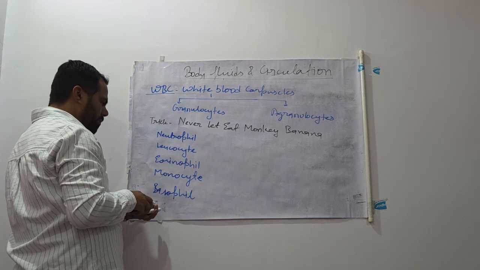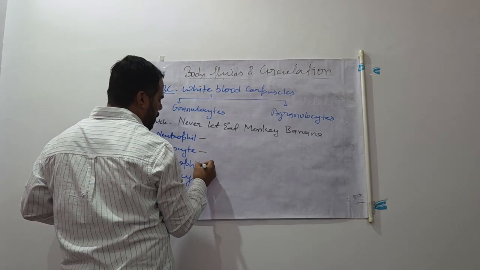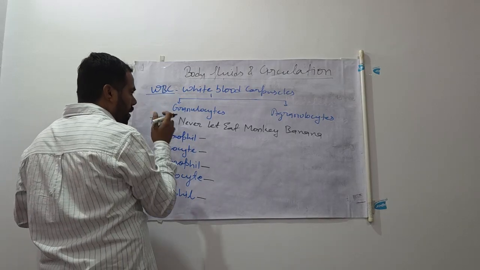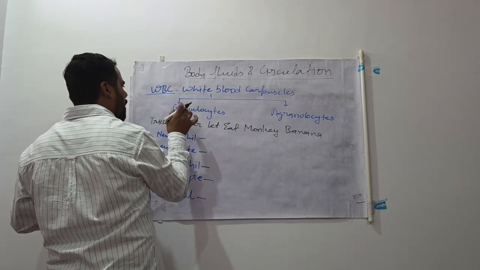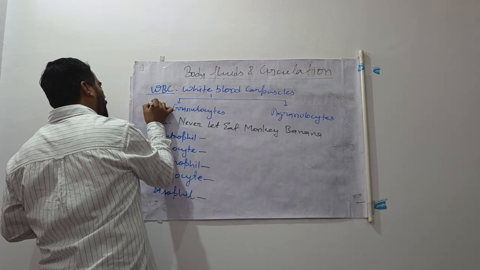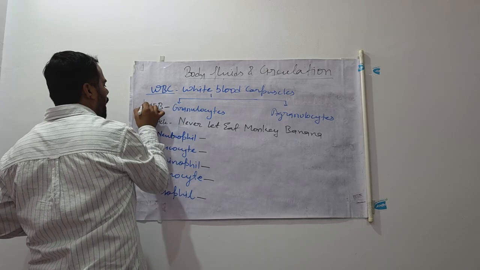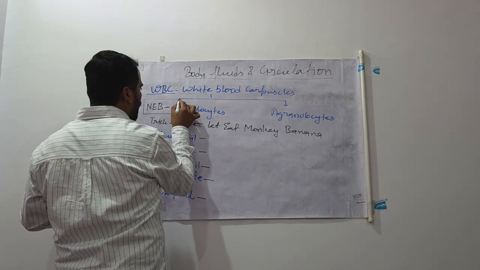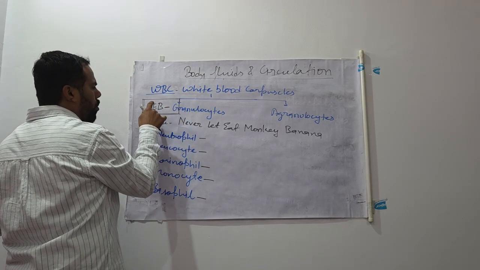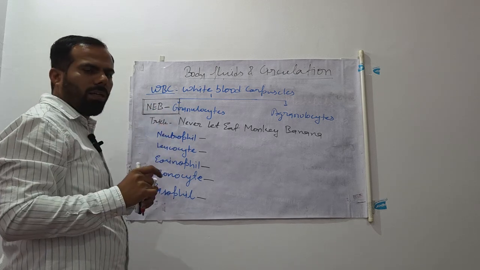I am writing one more thing here. What are neutrophils, what are granulocytes, and what are agranulocytes? To learn this, I make another trick, like Parleji. You will learn NEB: N for neutrophil, E for eosinophil, B for basophil. These three are the granulocytes.